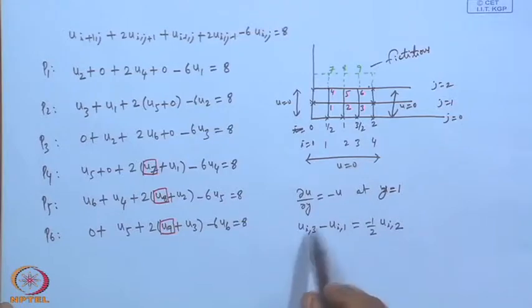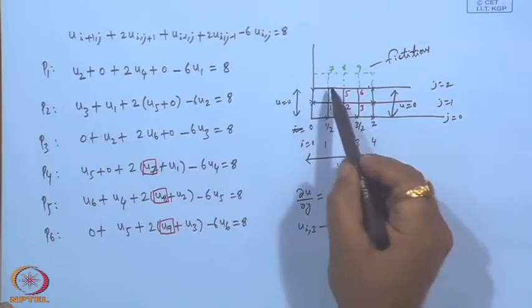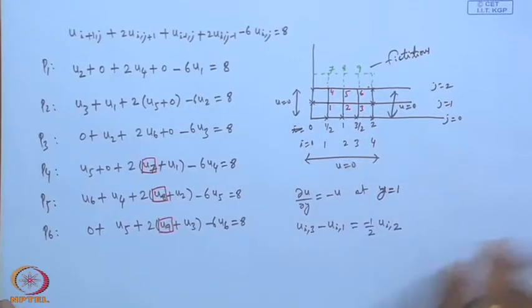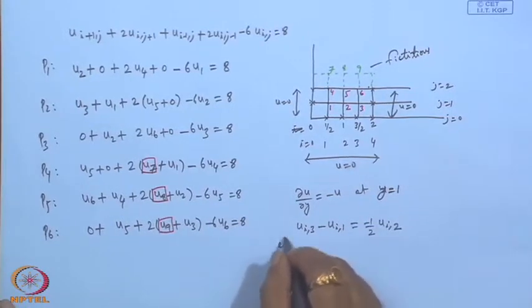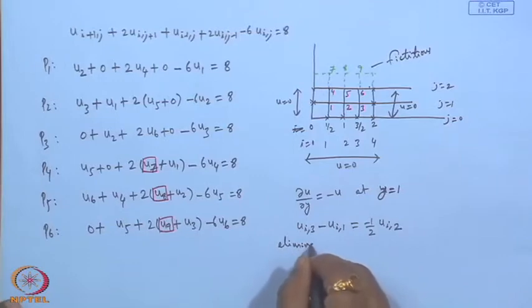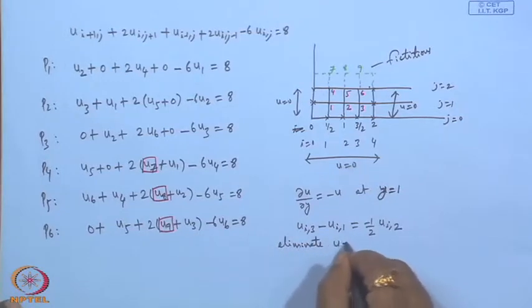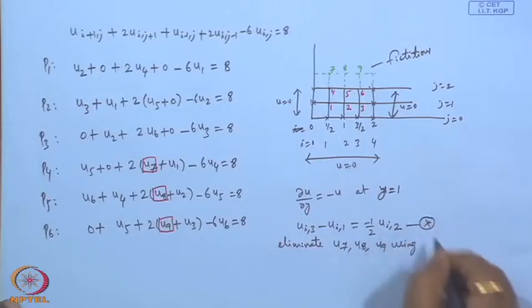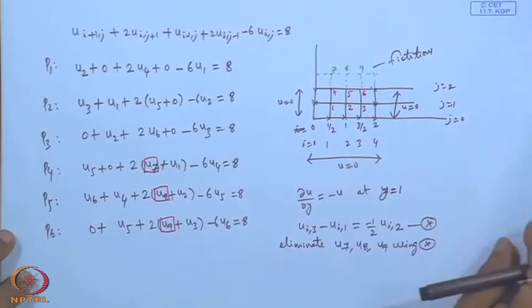So, because when I is 1, so we have this is u 7, okay. So, let us put a remark, eliminate u 7, u 8, u 9 using star, okay. So, let us try this.